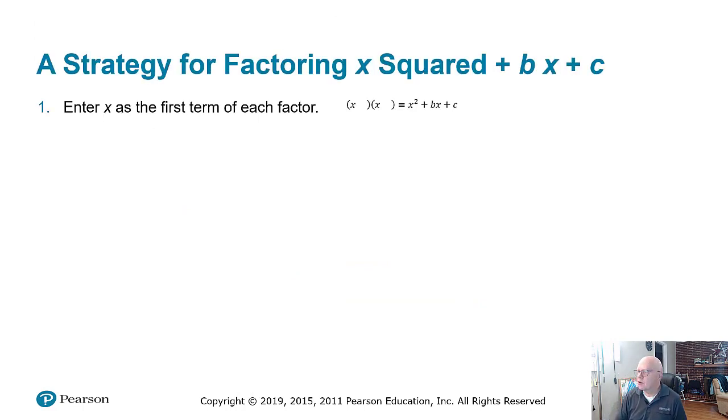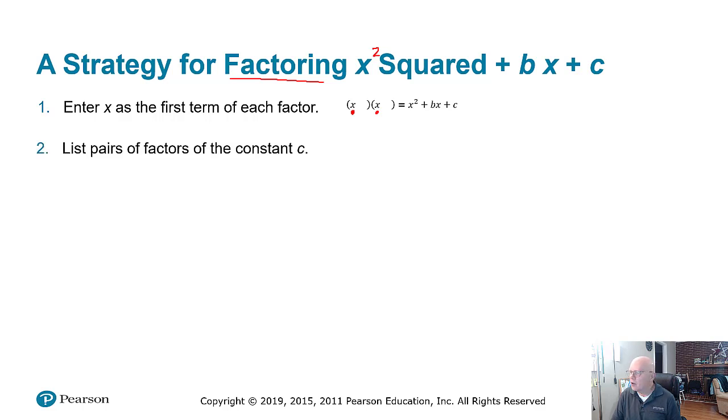Next, how do you factor something that has x squared plus bx plus c? Well, first thing you do is, since you know that you get x squared by multiplying x times x, when you're factoring, you put the x's in first. If it's 1x squared, it's got to be an x and an x. Second, look at this term out here, the c, the constant term.